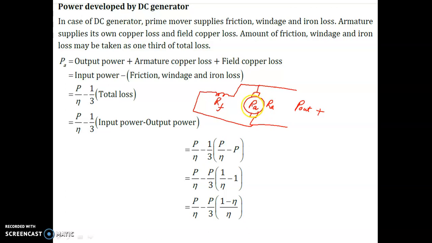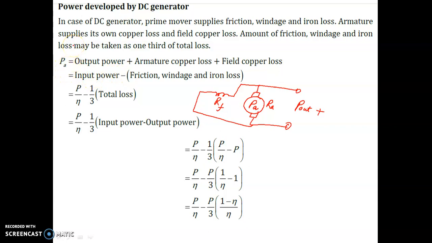In other words, the output power plus all the losses is equal to the average armature power developed by the generator, because whatever power is available here is utilized as losses plus output power available at the terminal if it is a generator. So this relation is written here.